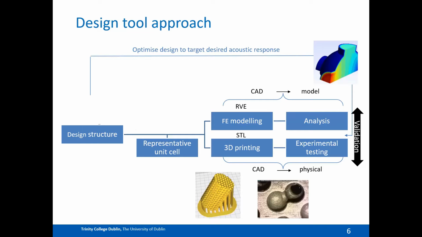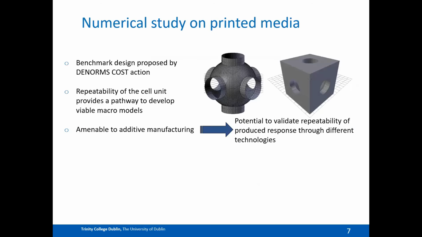And on the other side, the designs can be produced swiftly due to the advancements in additive manufacturing, and the acoustic behavior of the structure can be characterized under normal incidence. So it allows to validate the current design and then inform potential design modifications.